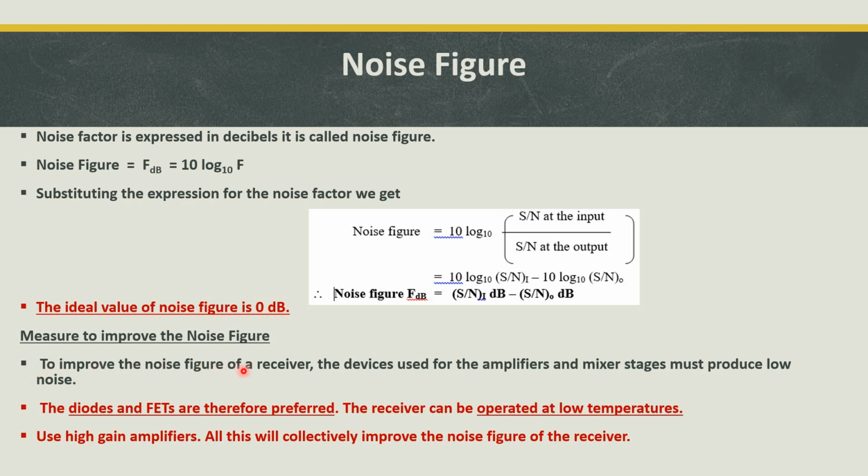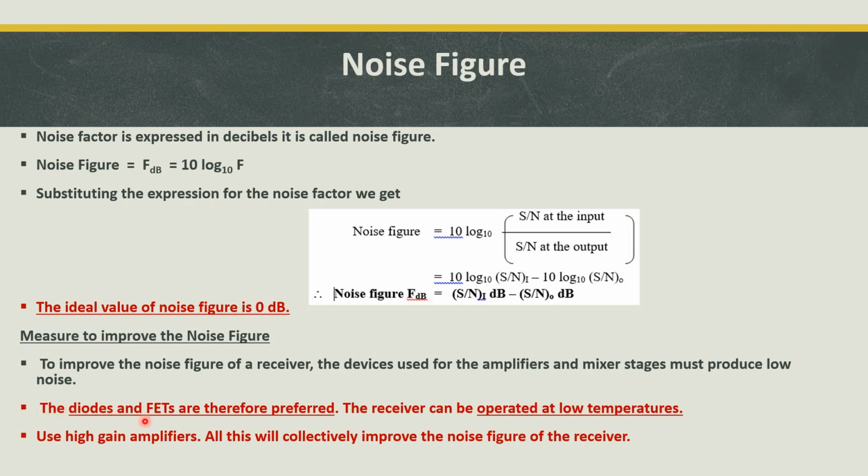To improve the noise figure of the receiver, the devices used for the amplifier and mixer stage must produce low noise. We have to carefully select the devices to design a receiver. That is the most important thing to reduce the noise domination in the receiver.